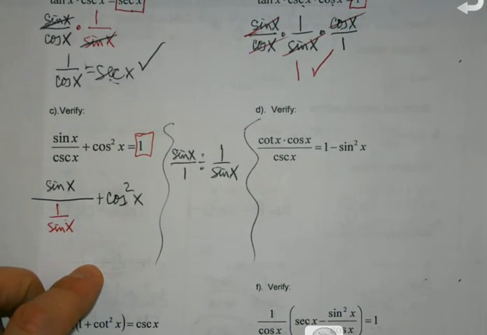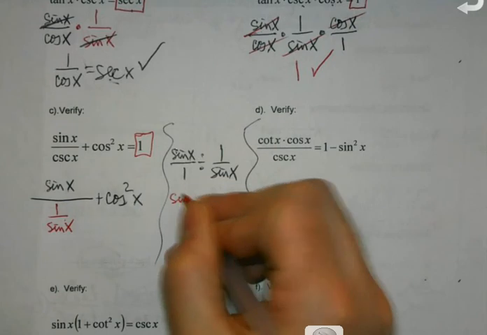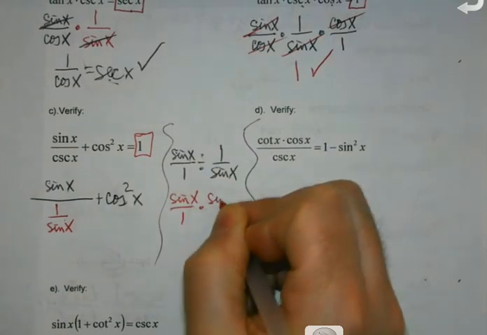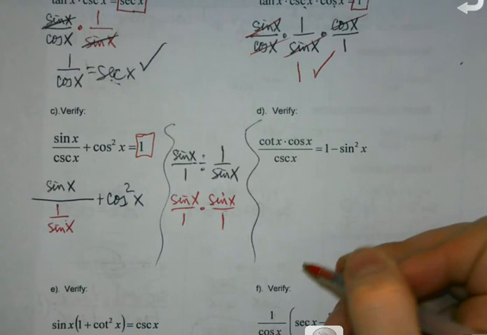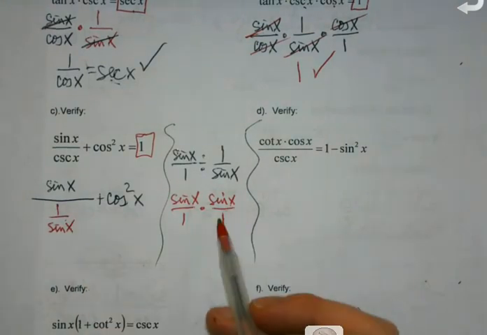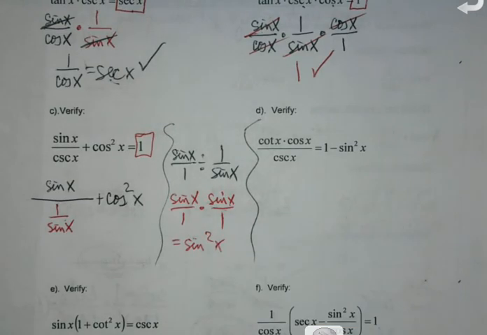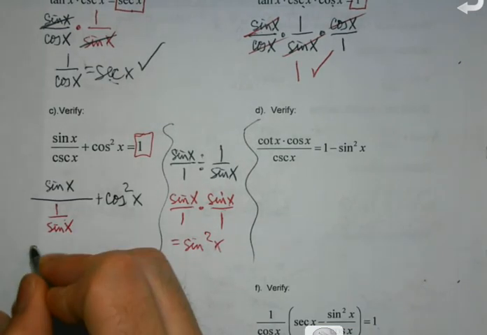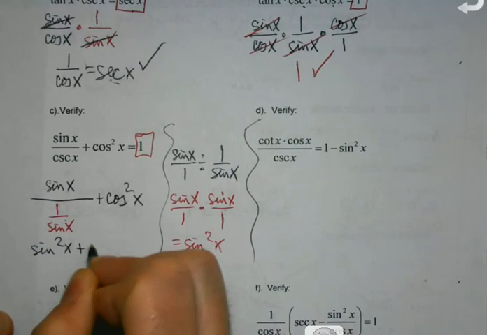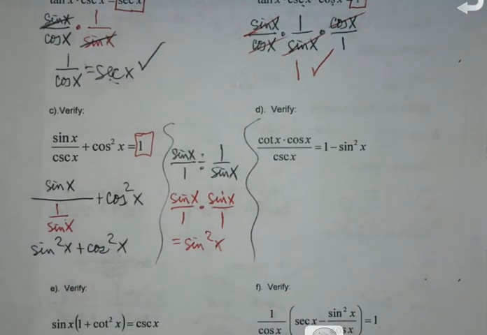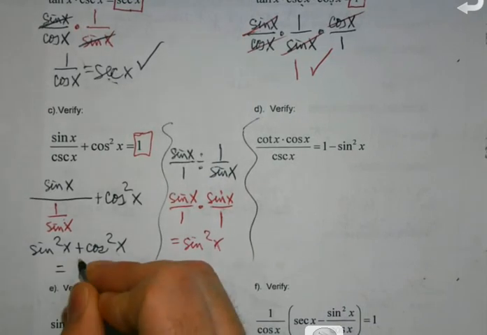What do you do to the second fraction when you're dividing? Flip it. Take its reciprocal. So this is really sine of x times sine of x. And if you can just visually look at that, that's fine. If you need to write this out, that's fine. And that ends up being sine squared of x. So when I come back over here, this is sine squared plus cosine squared. And if you look over on the other side, you notice one of your identities is sine squared of x plus cosine squared of x equals 1. Check.